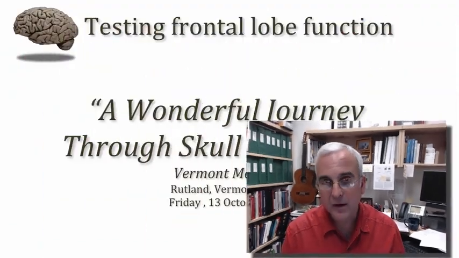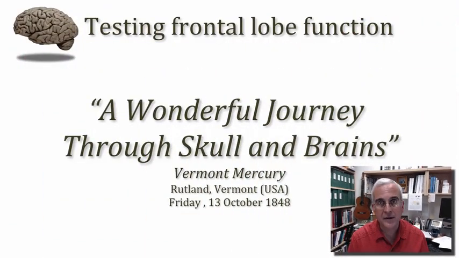Now, this injury was reported in the local newspaper in Rutland, Vermont. That paper was called the Vermont Mercury, and one Friday edition in 1848, October 13th, led with the headline, "A Wonderful Journey Through Skull and Brains."